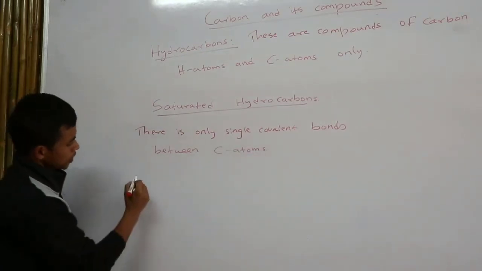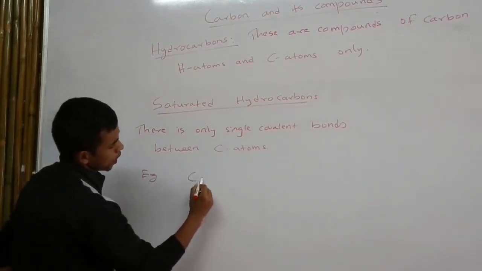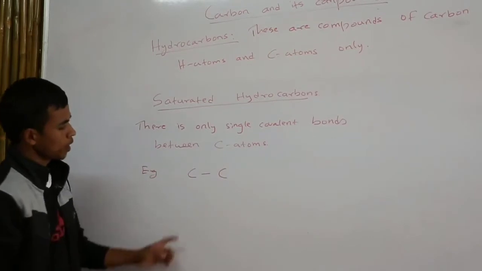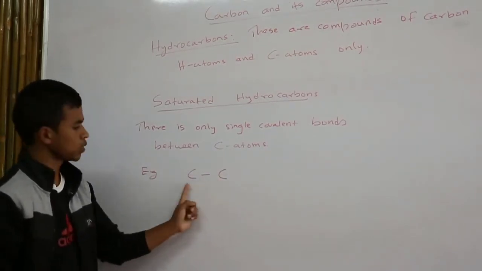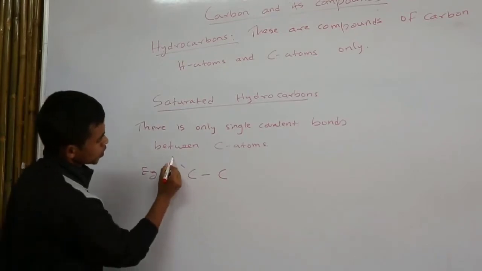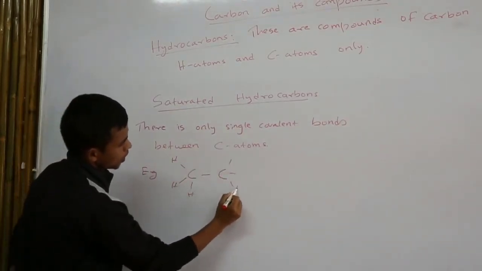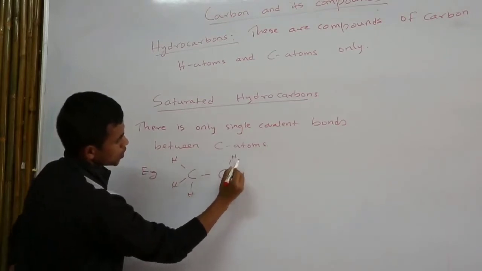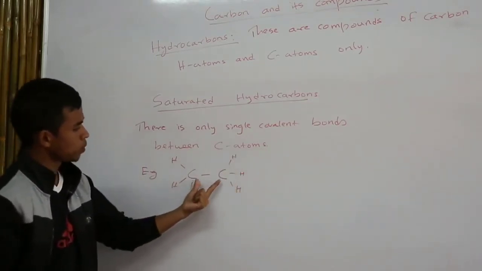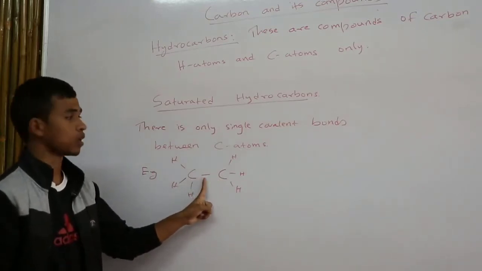For example, suppose we have carbon linked together with a single bond, and the other three valencies can be satisfied with hydrogen. As you can see here, the bond between these two carbon atoms is only a single covalent bond.